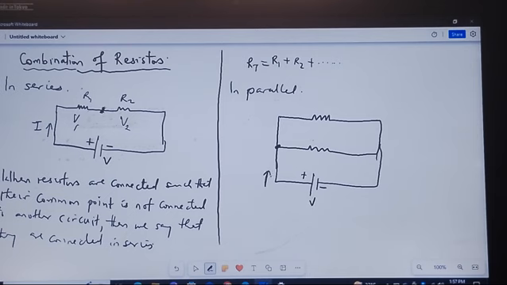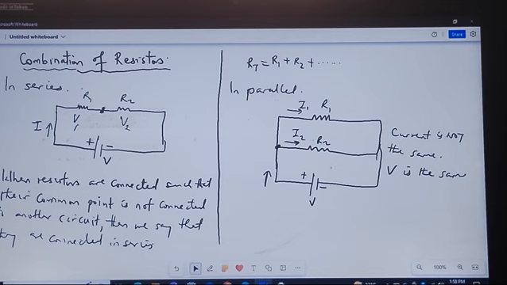Current is coming out from the cell. Let's call this one I2. This is R2. This is R1, I1. Now, for resistors in parallel, they are maintained at the same voltage. Current is not the same, but voltage is the same.